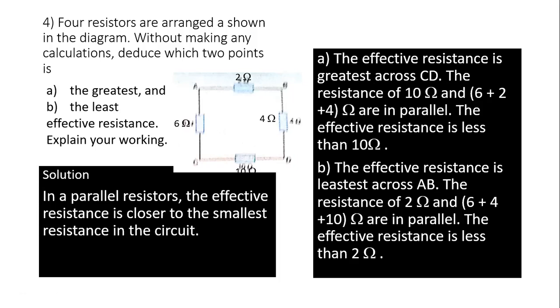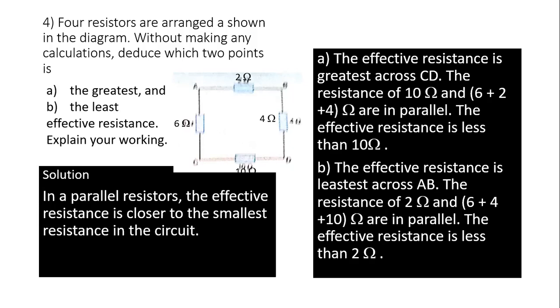You know the parallel one is always less than 10 ohm. You can go and calculate if you want to, it's basically 1/6 plus 1/2 plus 1/4, right? But this one doesn't require you to calculate. 6 plus 4 plus 2 is 12, parallel to 10 ohm. So the answer must be less than 10 ohm.